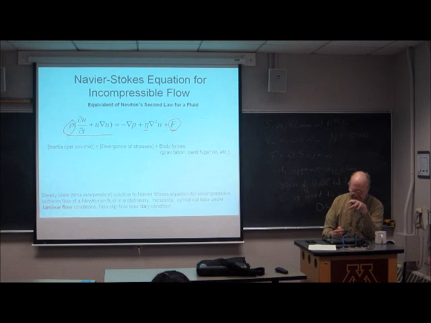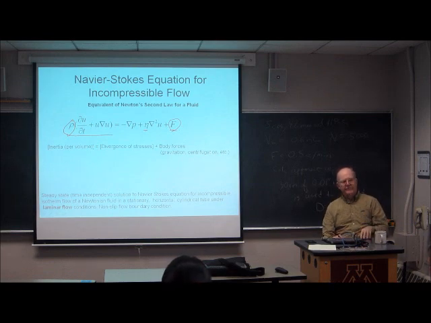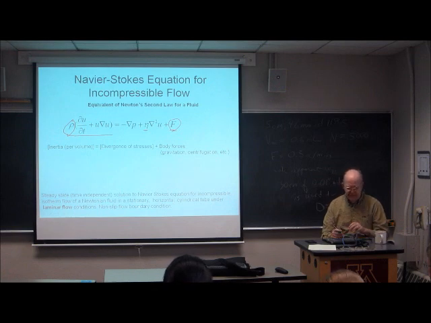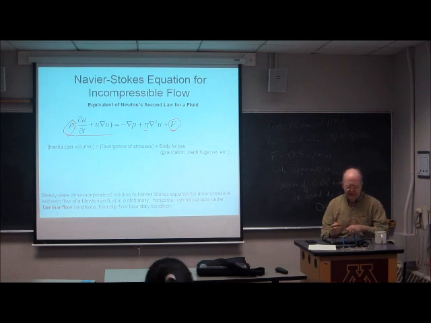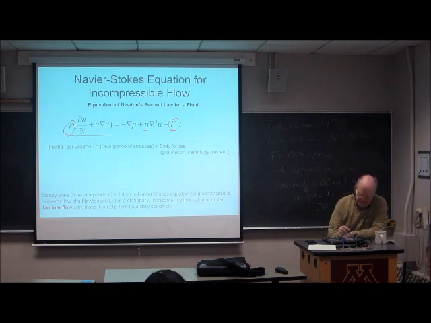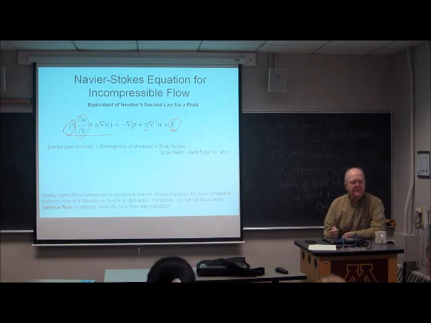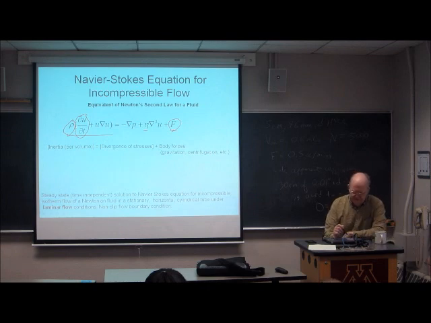Well, the situation that we are interested in specifically now is the steady state solution of this equation. That means the time independent part of this equation. That means that this term is 0, du dt. U is the velocity of the fluid. So if it's the steady state solution, du dt is 0.